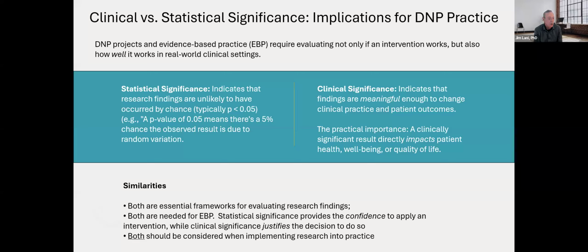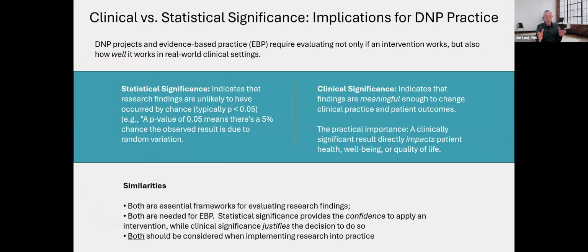There are really two ways of seeing what is significant. In DNP projects and neuroscience projects and most other research in the world, we talk about statistical significance, which is p equals 0.05. Technically speaking, that's 5 times out of 100 that I'm likely to get a t-value by chance.